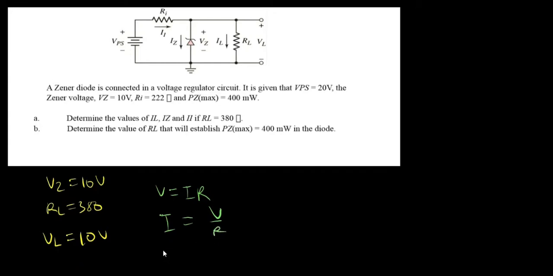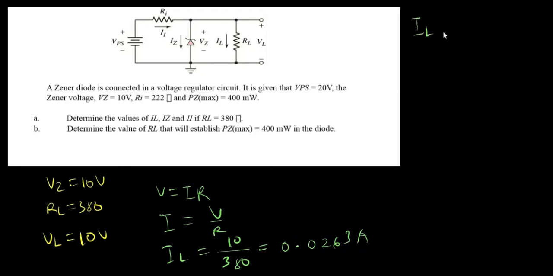Sorry, the load current IL will be equal to the voltage over the resistance. In this case, the voltage is 10 and the resistance is 380. So let's see what we get for this value. 10 divided by 380 gives me 0.0263 ampere. So that's the value of IL, which is the load current.